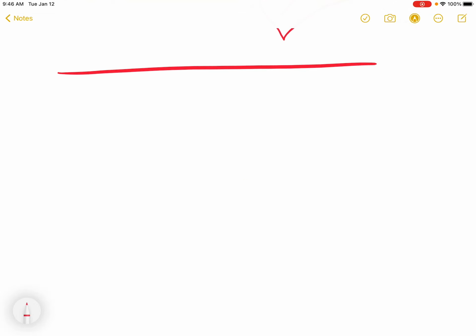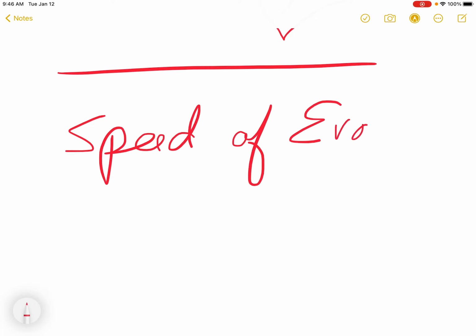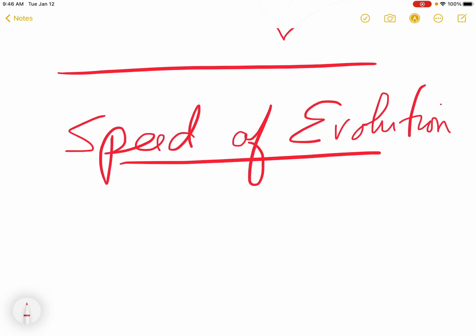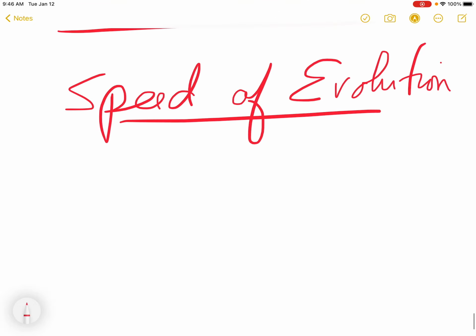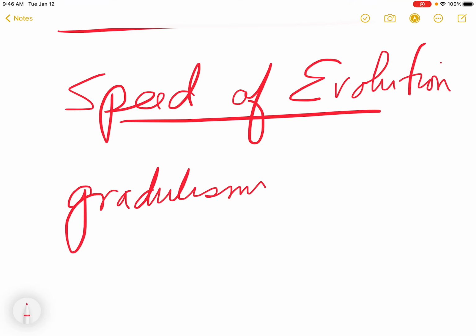And then lastly, to wrap things up, since we're almost done here, we can talk about the speed of evolution. How fast does evolution happen? And this is basically unknown at this point. I mean, we have theories, we have ideas. We think that it happens fairly slowly, but there were different ideas. The first idea was gradualism.